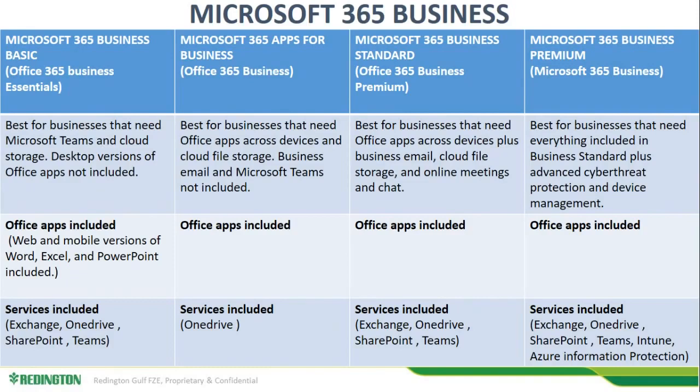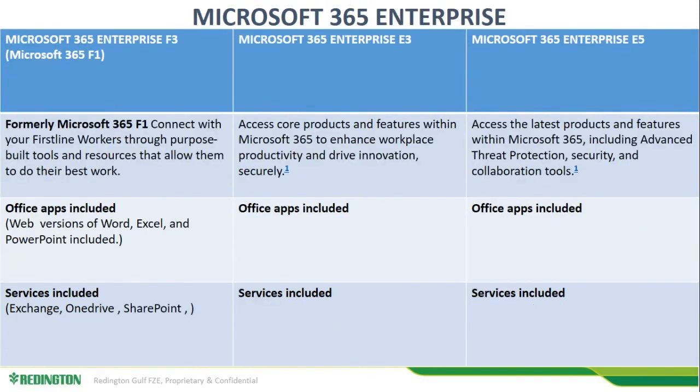So this is the highest level of this license structure, and it contains everything, including security features and Intune. Okay. So now we've moved from the business category, and we are in the Microsoft 365 Enterprise category.